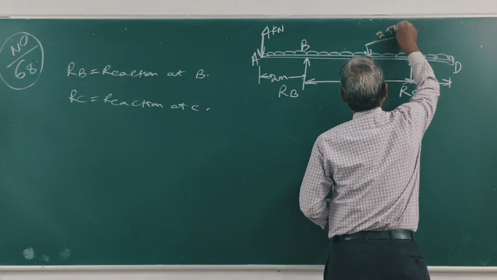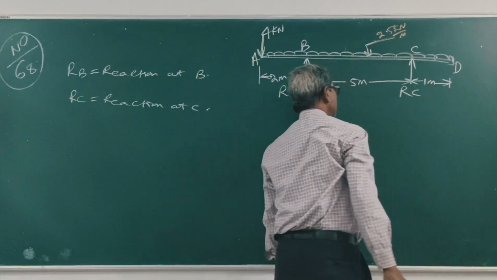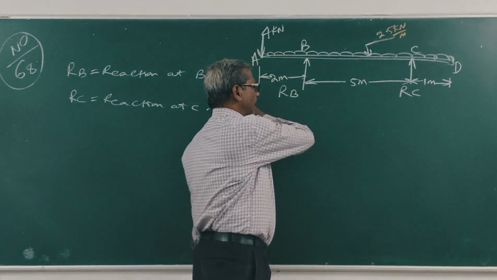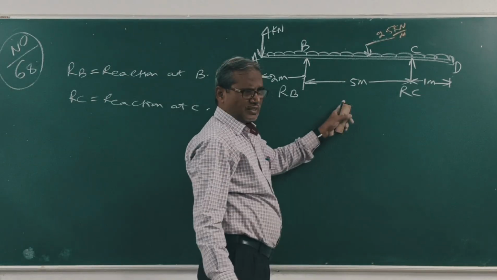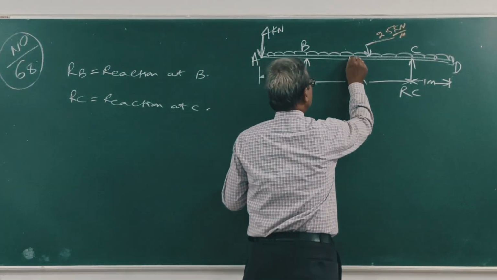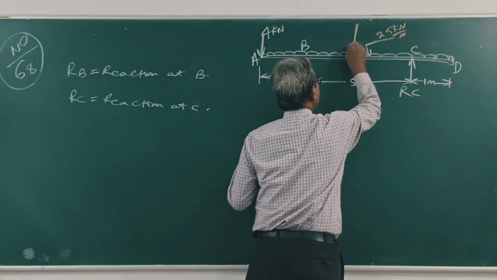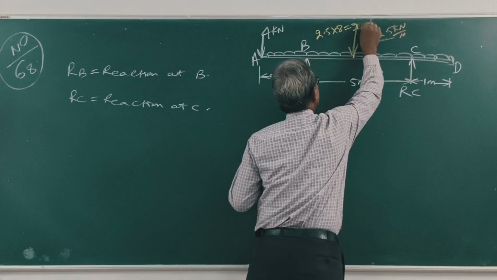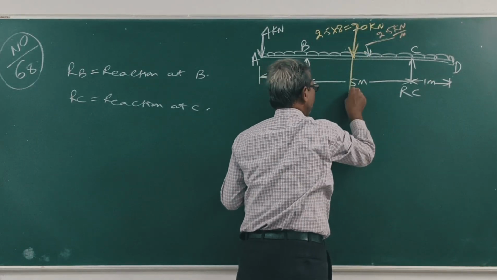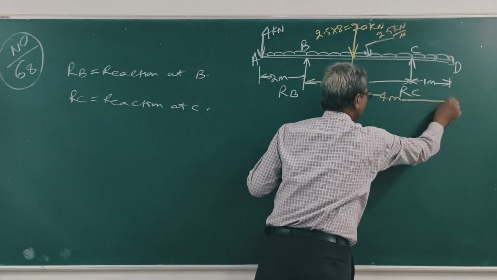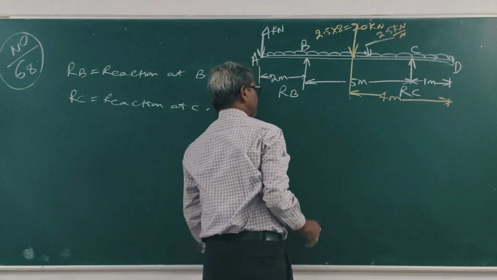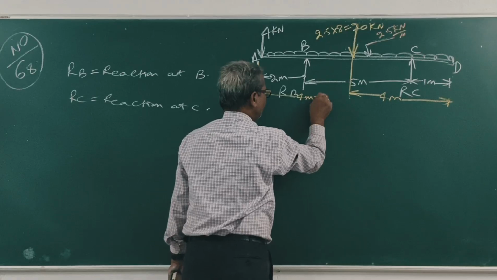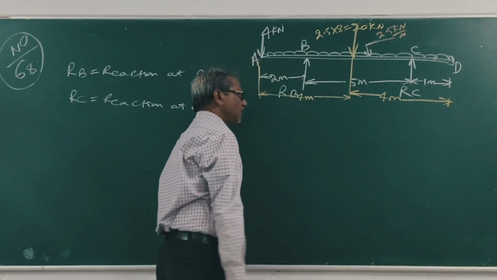The total load is 2.5 into 8 because the total length is 8 meter. So 2.5 into 8 means 20 kilonewton. Clear? This is 4 meter.